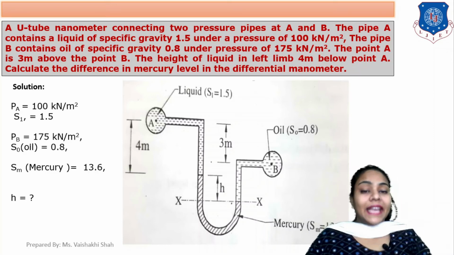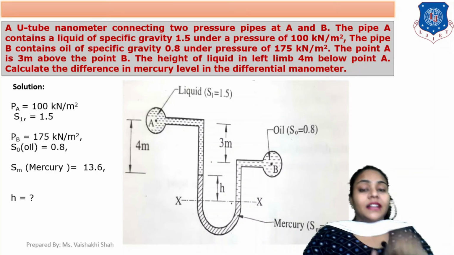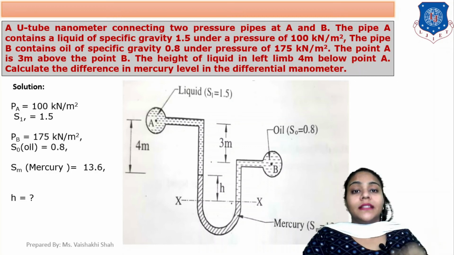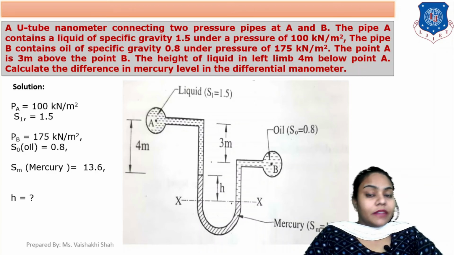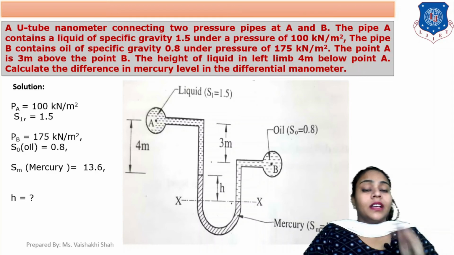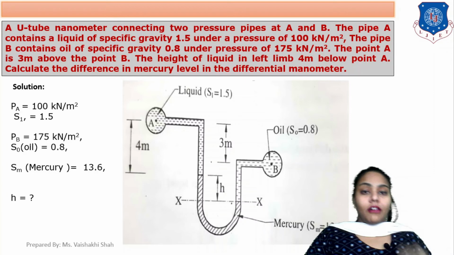If pressure in pipe A is higher, then liquid rises in pipe B. So by this you can decide whether both pipes are at the same level or not, and up to which height the mercury rises in which column, left side or right side.